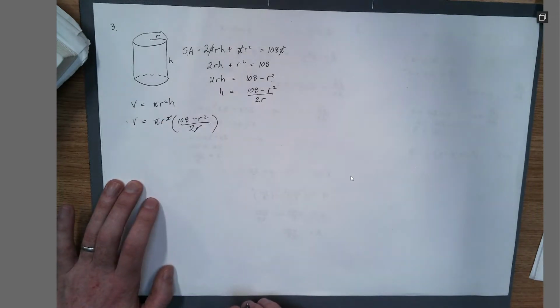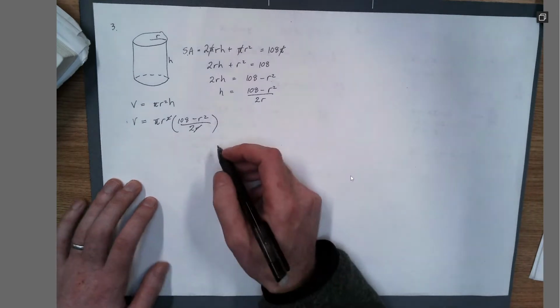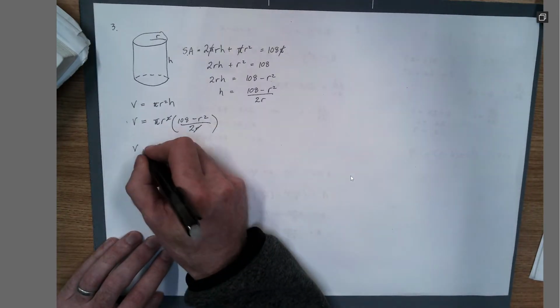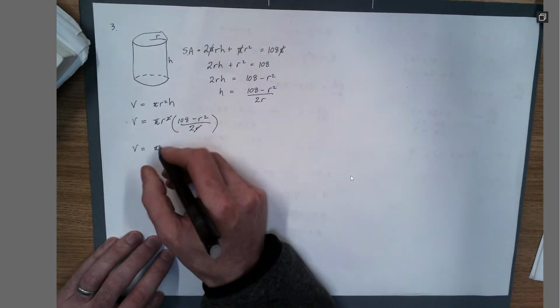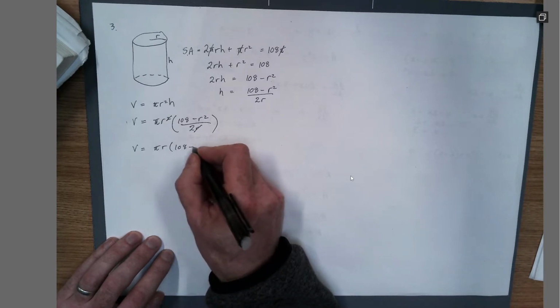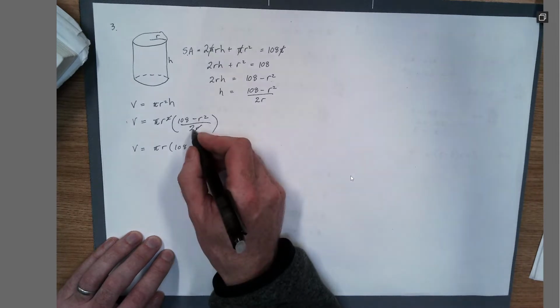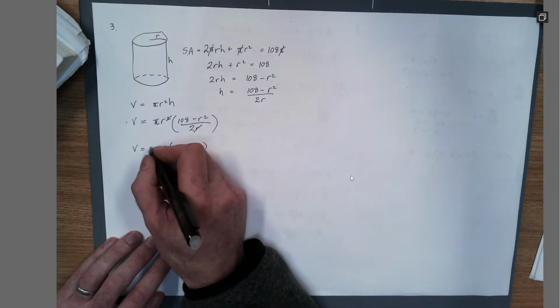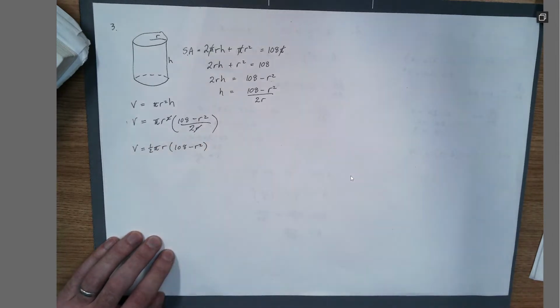The r squared cancels with r, so we get V equals r times the surface area minus pi r squared, over 2, just for handiness, it's the same thing.